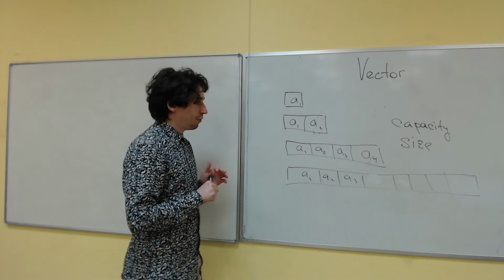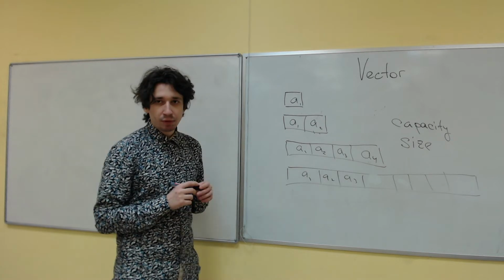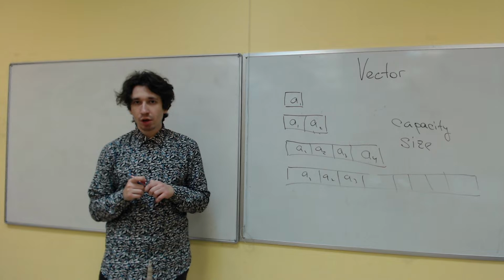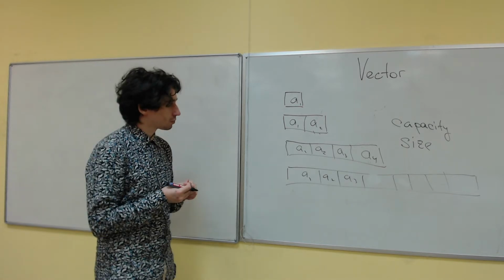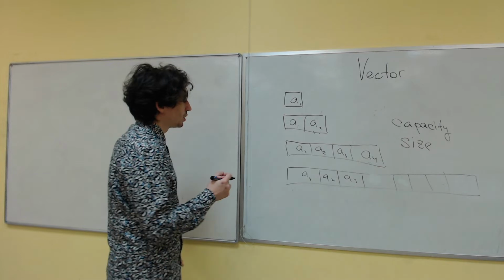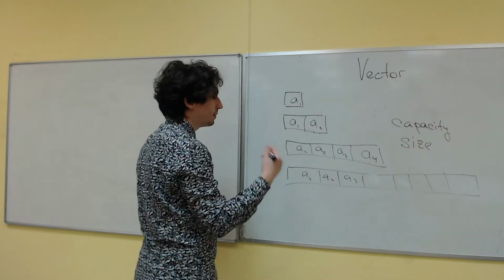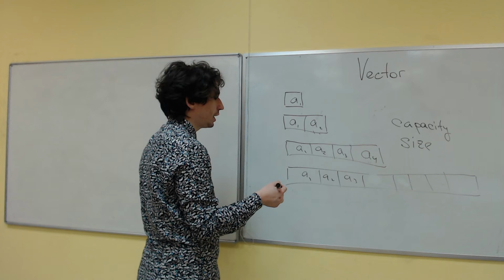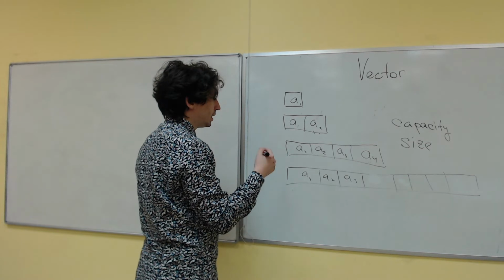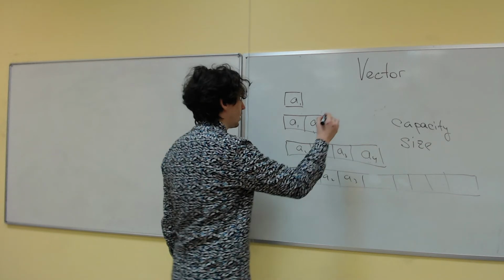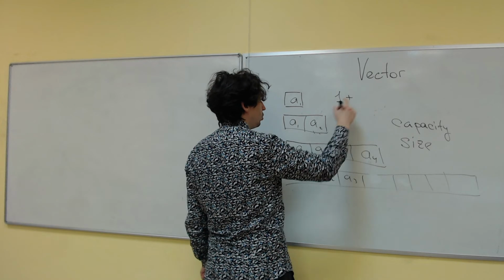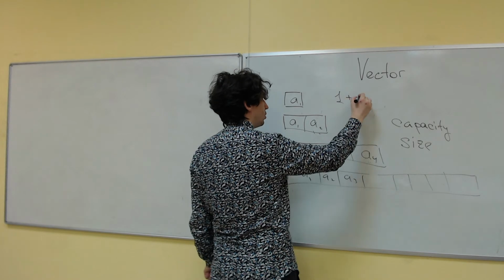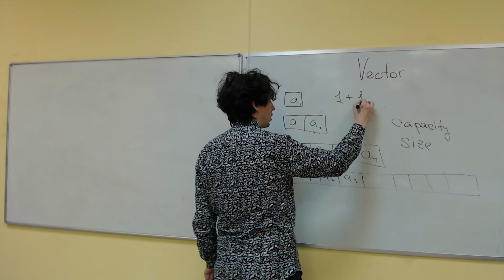Let's prove that the amortized time of this approach is O(1). So what's happening here? Simply, you can calculate how many times you add an element. You add 1 here, then you copy the array, you create a new array, you copy and add an element.